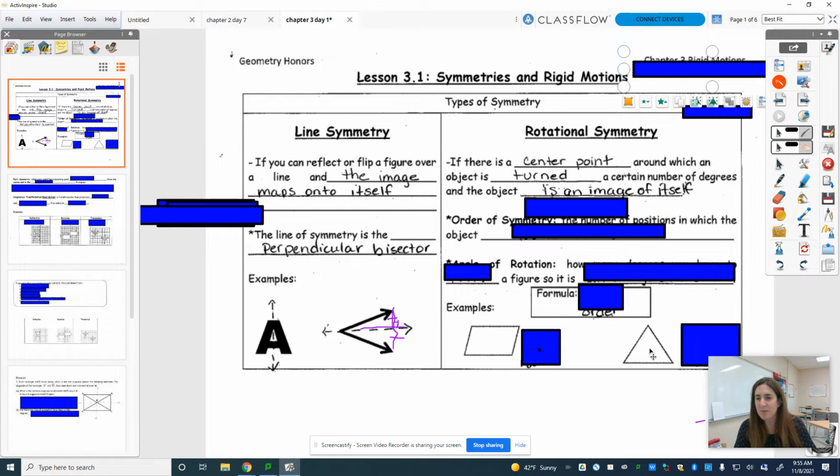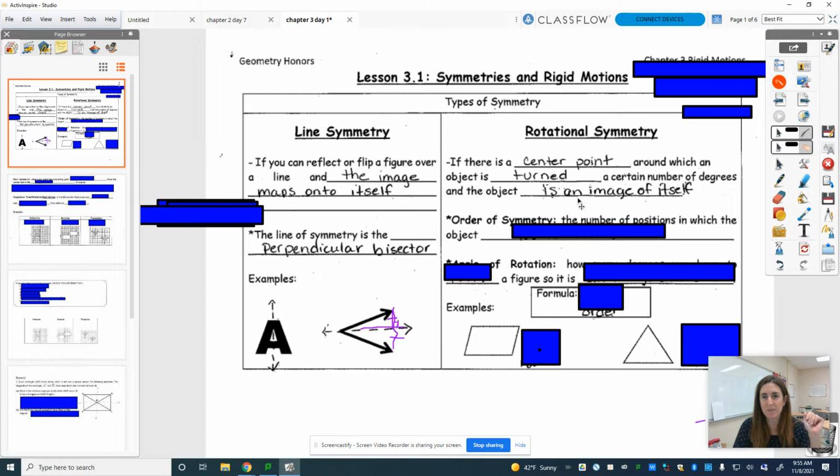If there's a center point on those shapes, and you could rotate that triangle or that parallelogram around so that it actually looks like itself again, then it has rotational symmetry. Rotational symmetry is different than point symmetry, which we'll talk about in a second. They're two separate things, rotational and point.